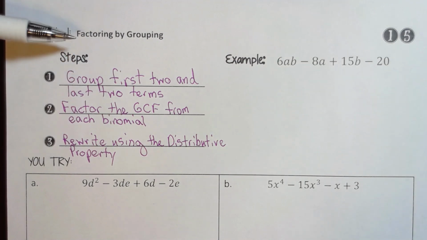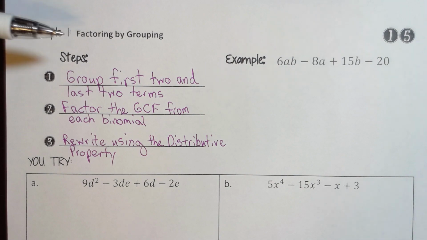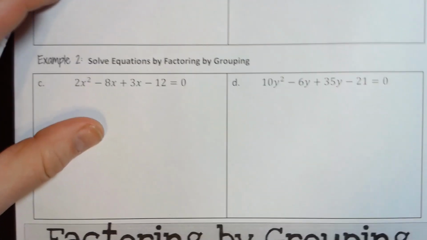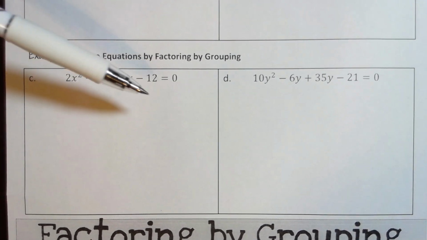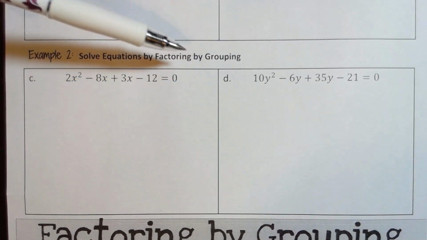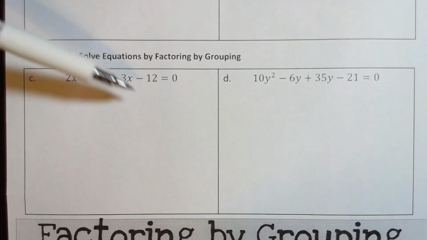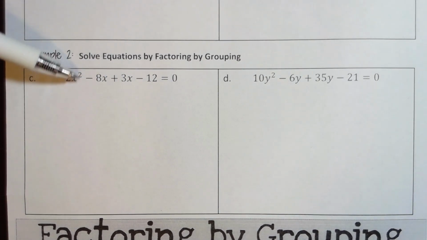We're working on factoring tools right now, and the whole idea, and we're going to see it again on the bottom of this page, is to be able to apply the zero product property and be able to solve these equations that have x squareds in them, that are quadratic.